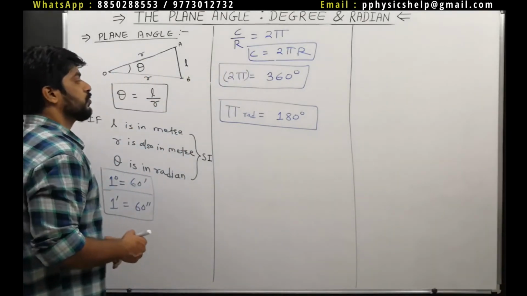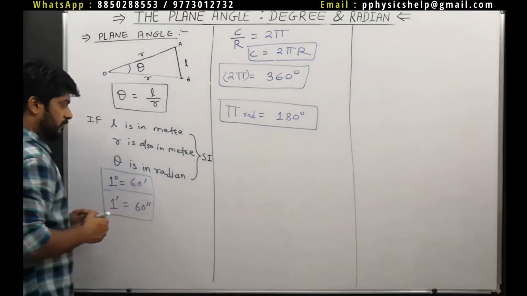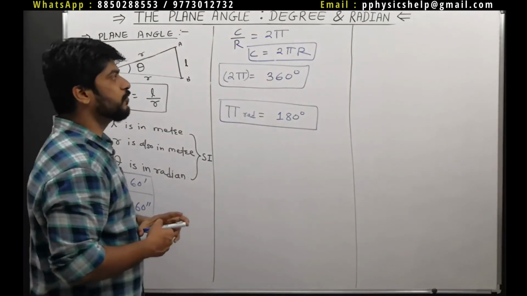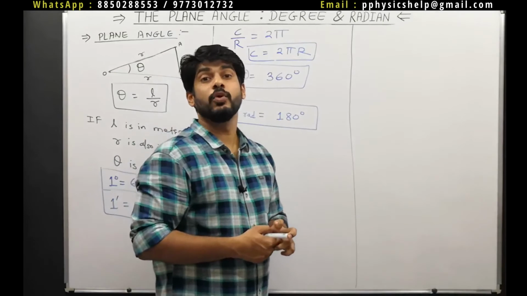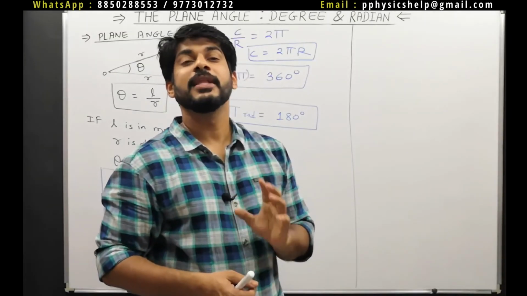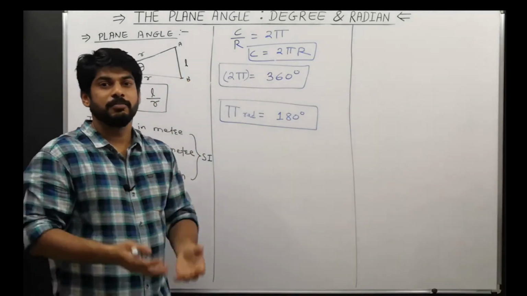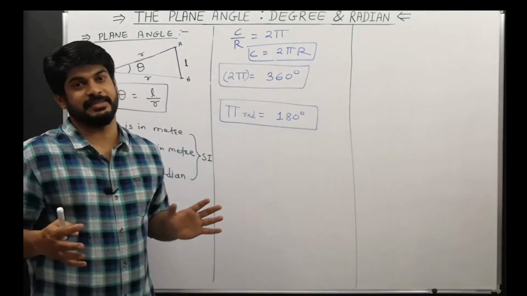Okay, so these are some equations. Also at the same time we have got these equations with us. So now we have quite a few equations with us. Now we can move on to the very important topic, that is the conversion factor between degree, minute, second and radians.